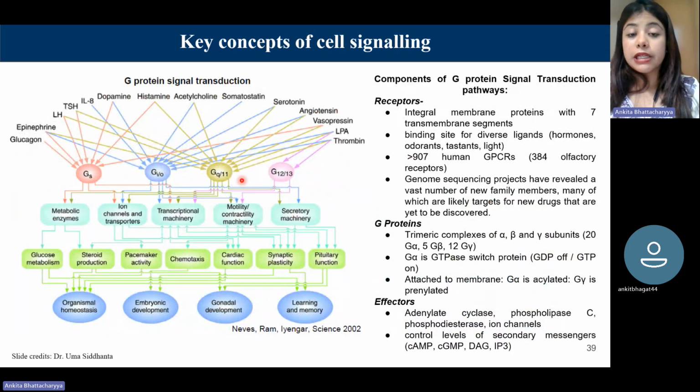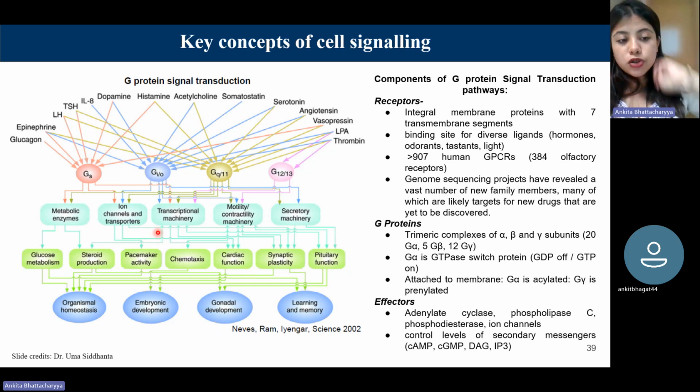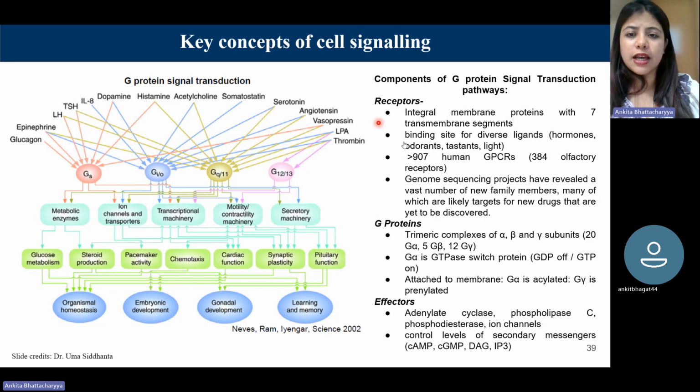We understood how there are multiple types of G proteins, GS, GI, GQ, and G12/13, and how overall a very complex circuitry of this family of receptors is able to control very basic cellular pathways, which includes organismal homeostasis, embryonic development, gonadal development, learning, and memory. And this is just the simplest way in which this can be seen.